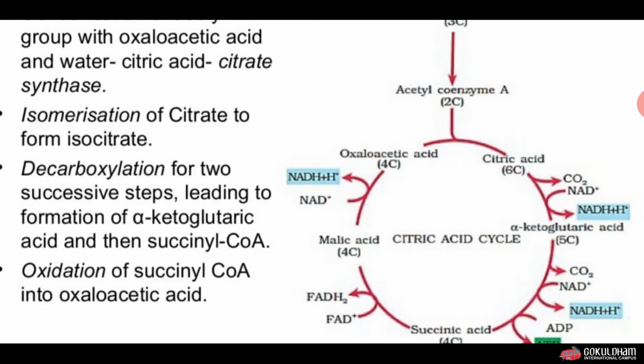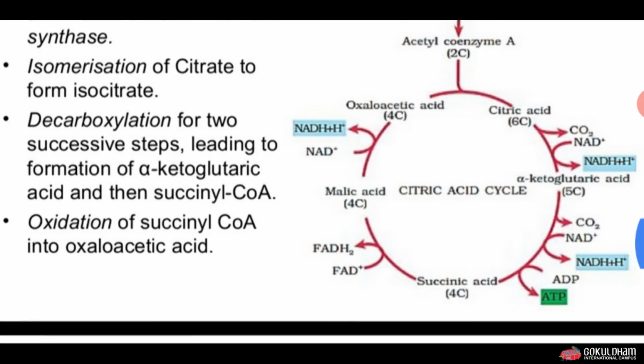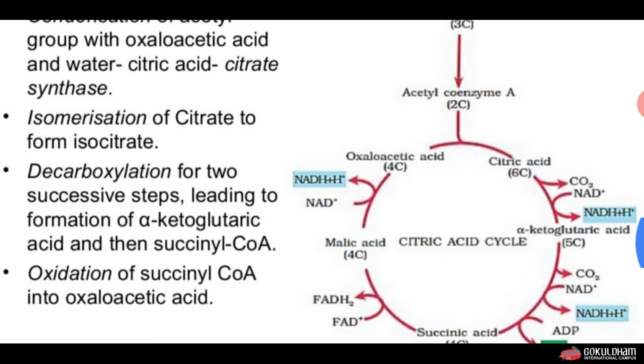During this cycle, NADH, ATP and GTP are produced. This NADH will enter the oxidative phosphorylation for the formation of ATP and enter the electron transport system, which we will see later.